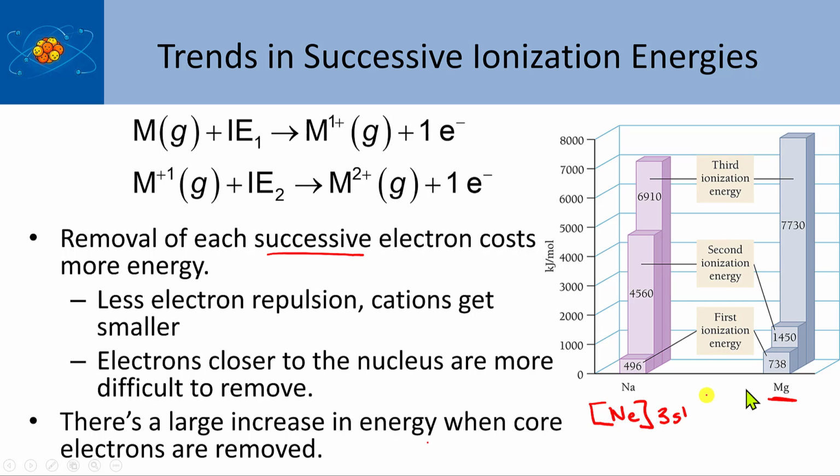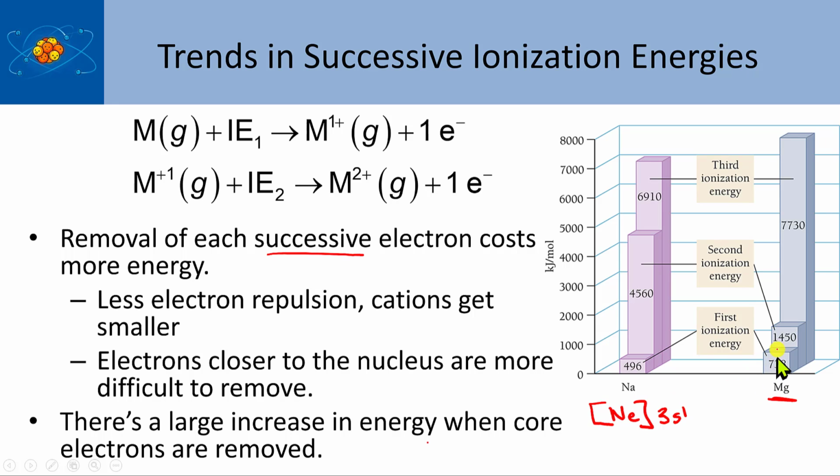And what happens is you're trying to take this electron off. That's what gives you the 496. But when you're taking the next electron off, this big jump is you're trying to take it off the noble gas core. Remember, these cores are much smaller than their corresponding atoms. So in essence, you're suddenly much closer to the nucleus, having to pull the electron much further out to get it out of the atom.